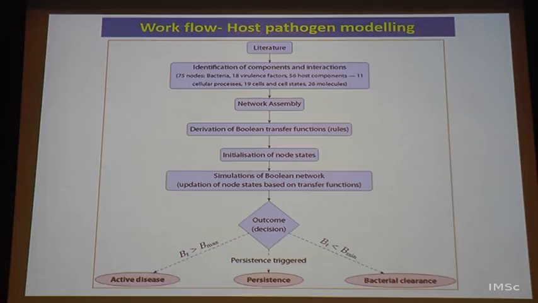Initially the model had some 75 nodes, which has bacteria as one entity, because not much was known about it at that time in terms of molecules, and 18 virulence factors from bacteria, so you take the bacteria as a whole and also as 18 virulence factors, 56 different host components in this model, which span about 11 cellular processes and 19 cell types and cell states, and 26 different other molecules outside, these kinds of things.